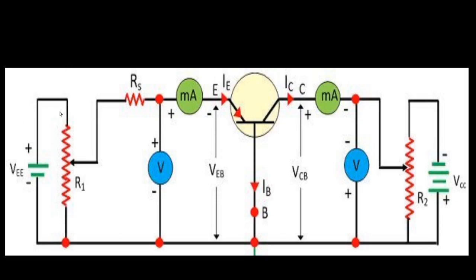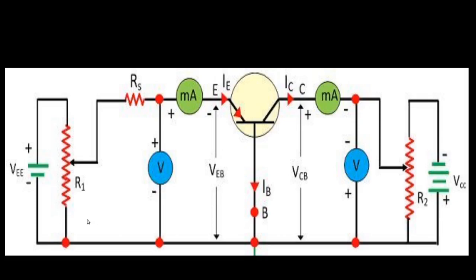Here the potential divider circuit is there, so set up the biasing at both the input and output side. So we can study the characteristics of common base configuration. The emitter to base voltage VEB can be varied by adjusting the potentiometer R1. If you vary this, the voltage will be varied.